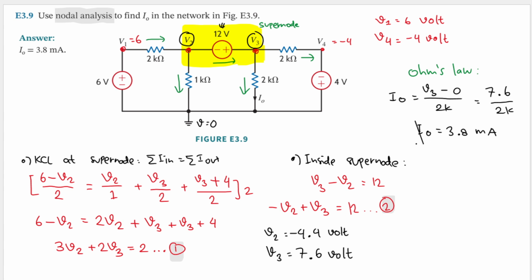So here we have our I0. Let's highlight this as our final answer. Is it correct? Yes, because that is the answer given by the book.